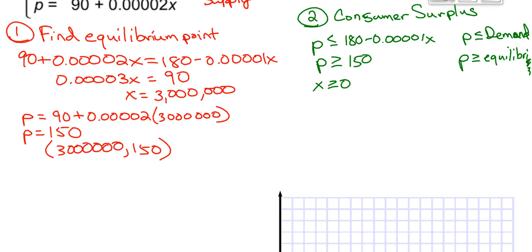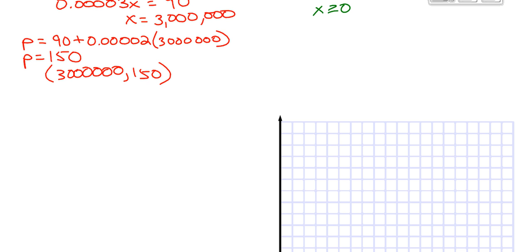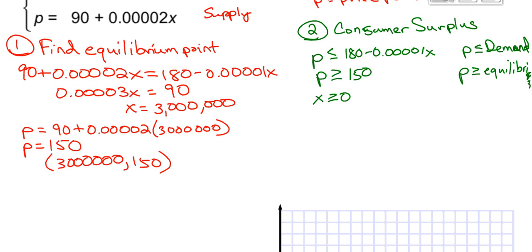The second part is going to be the producer surplus. It's hard for me to quite see everything, so maybe I will try to squeeze it in right here. The producer surplus is going to be when, in our supply equation, P is greater than or equal to 90 plus 0.00002x.